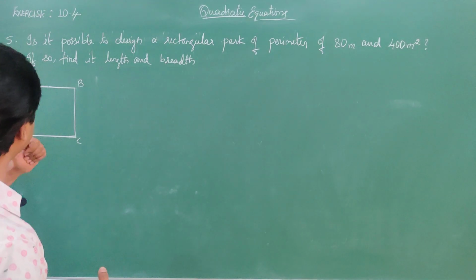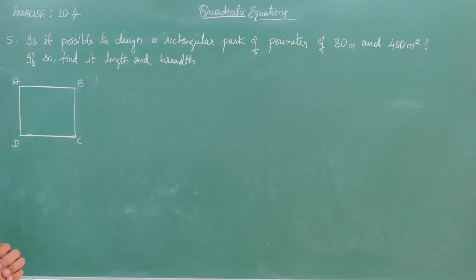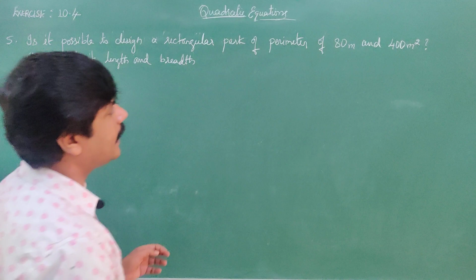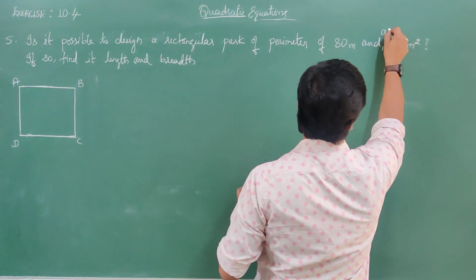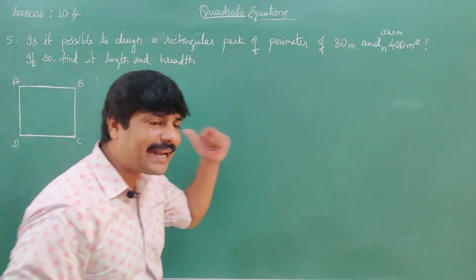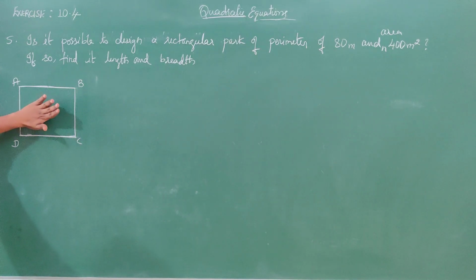Understand what is given here? Is it possible to design a rectangular park of perimeter 80 meters and area 400 meter square? For example, think this is a rectangular park. What is perimeter?